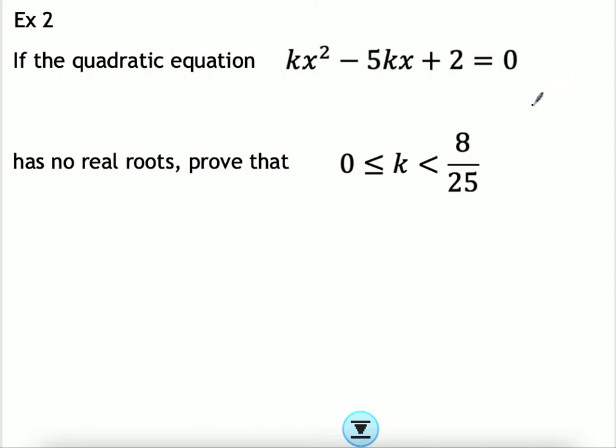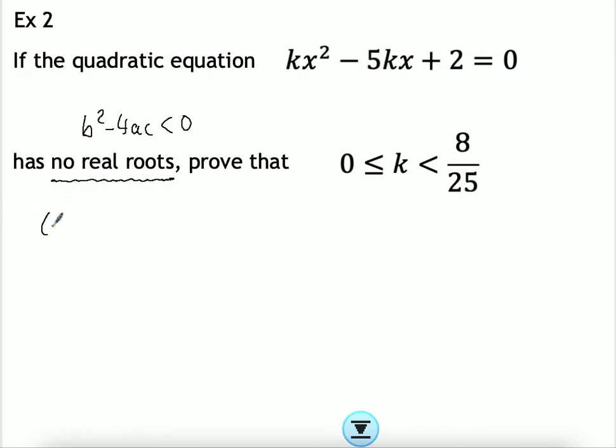Okay, so if we have a quadratic and we're told there are no real roots, a really important hint there, prove that this is true. So no real roots, we should recognize that that is related to the discriminant being less than 0. Now, if that's the case, then we can find an expression for the discriminant from this.